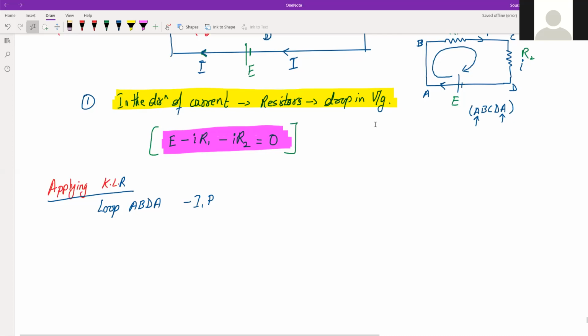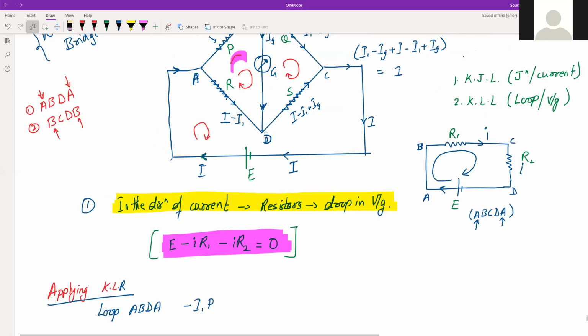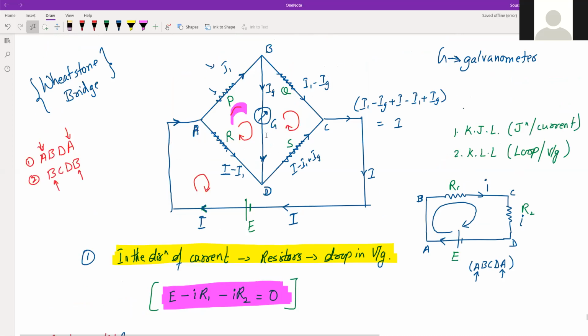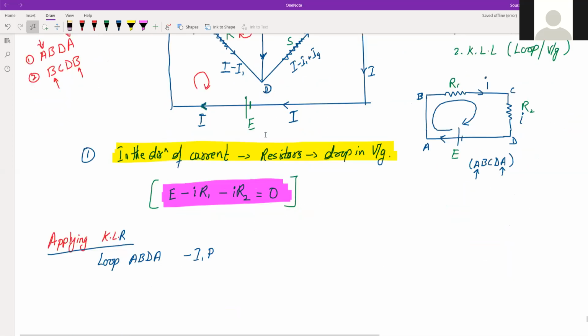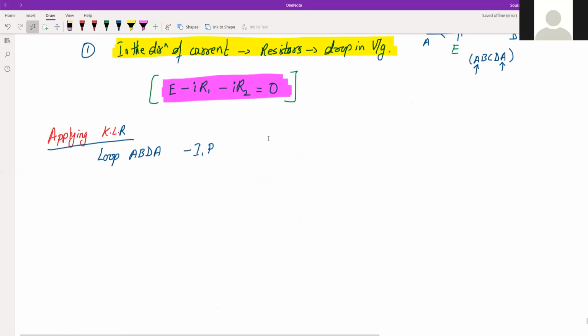Then again, we are moving in the direction of current, that is IG, and suppose the galvanometer's resistance is given as G. So G is the resistance of the galvanometer. So that will be again minus IG into G.